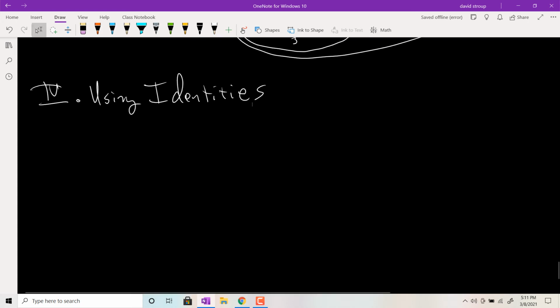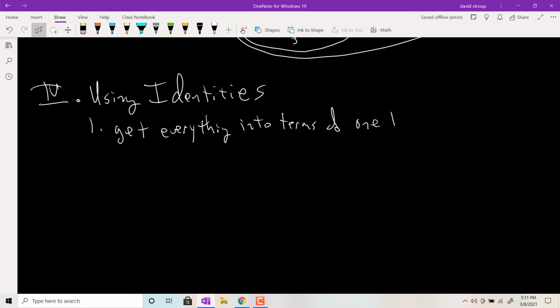What I would recommend you do is to get everything into terms of one trig function, and get everything to have the same angle.